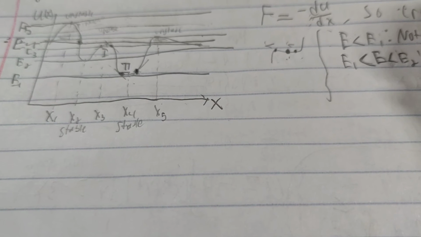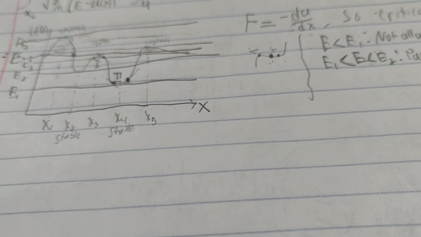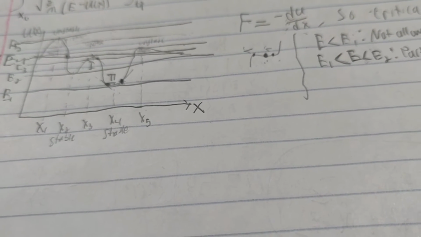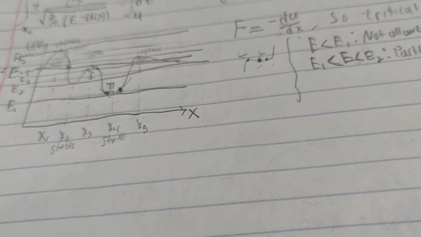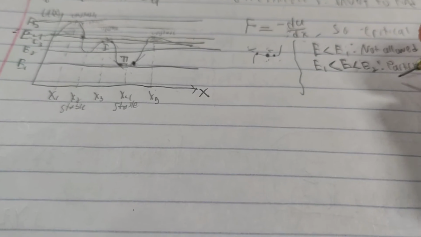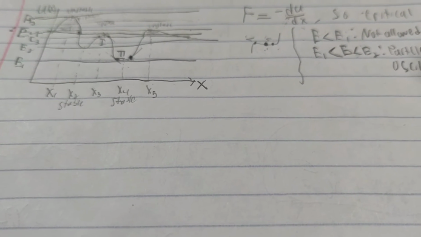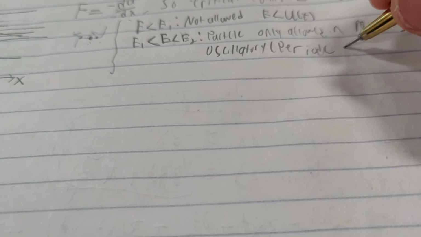Yes. And what type of motion does it have? Has some sort of oscillating motion back and forth, right? It's going to slosh around. Call it periodic motion, but it's going to go back and forth inside that potential energy region.